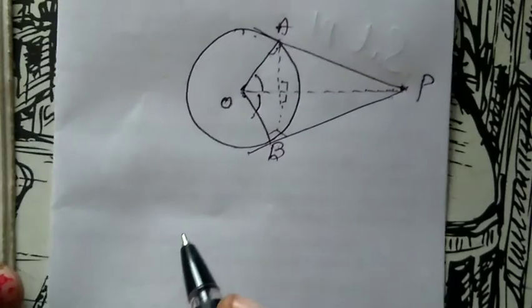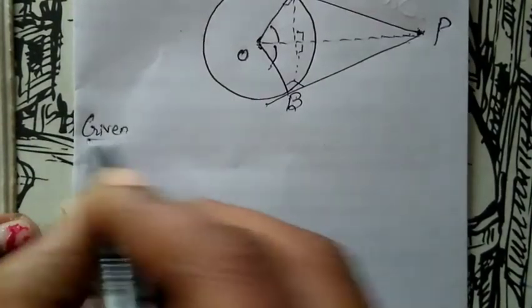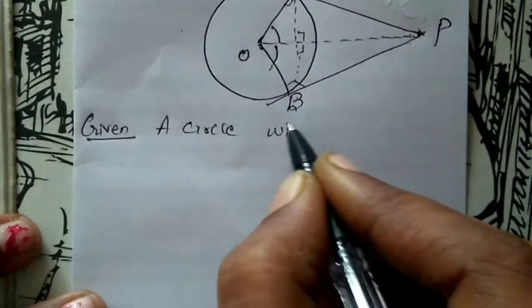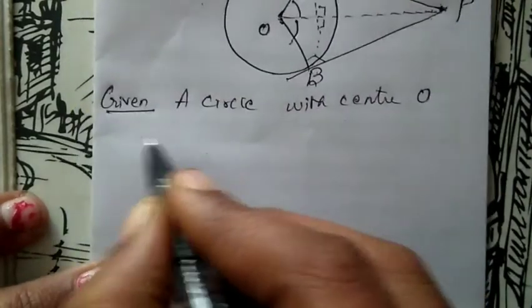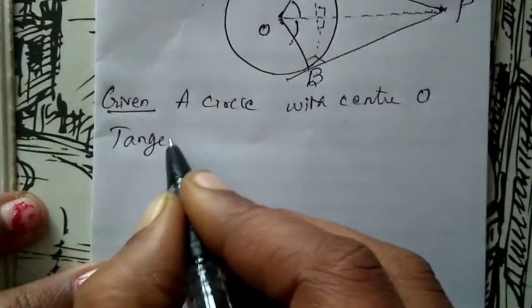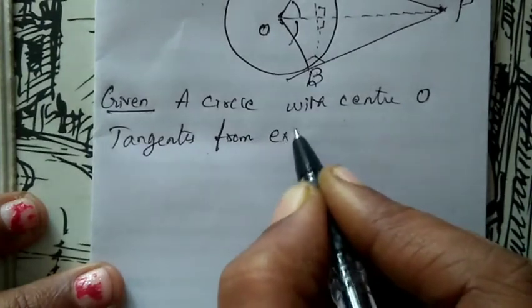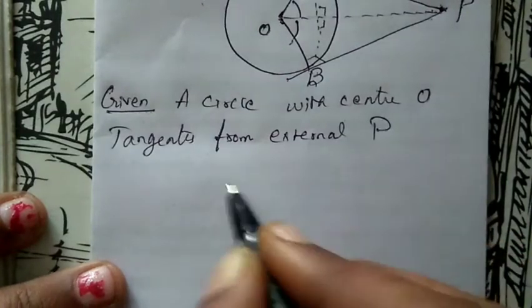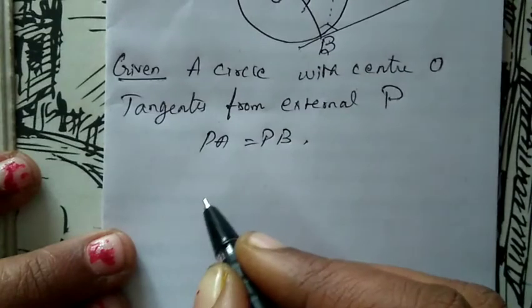So now let us do this. First, what is given for us? Circle with center O and tangents from the external point P. So we know PA is equal to PB.